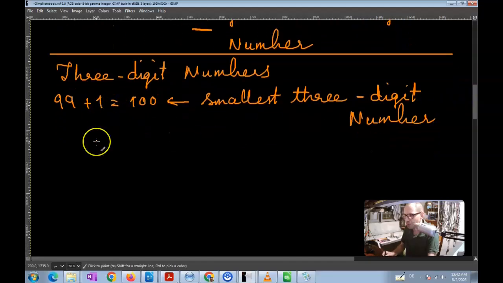And then you'll get to 101 all the way up to 110, 120, 130, 140.